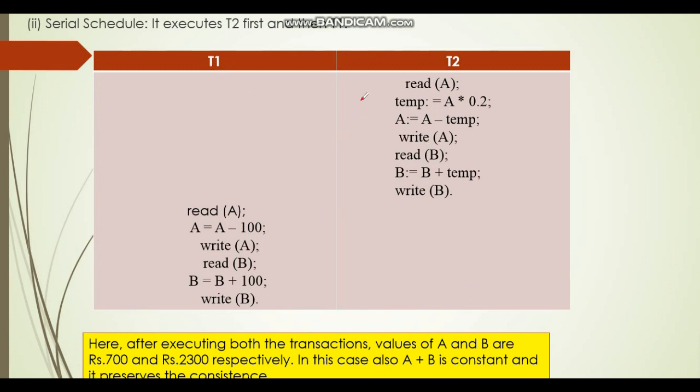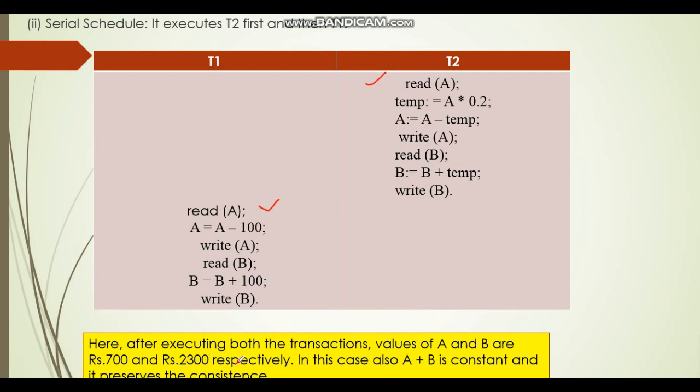Here again this is a serial schedule, but T2 started first, and after the completion of T2, T1 started its execution. Remember the last statement in this box: after executing both transactions, the values of A and B are rupees 700 and rupees 2300 respectively.